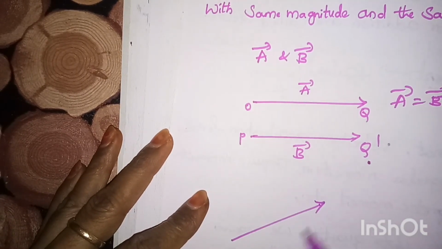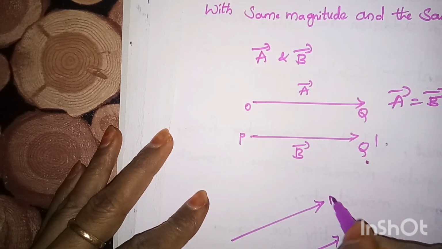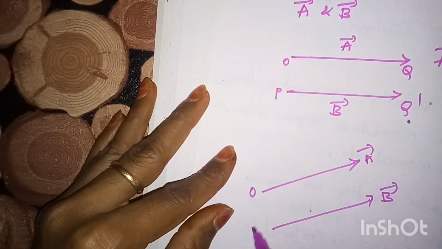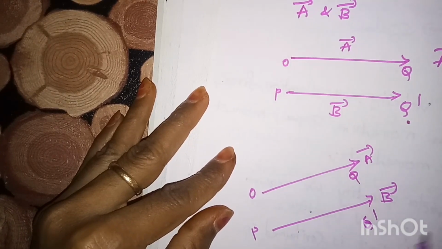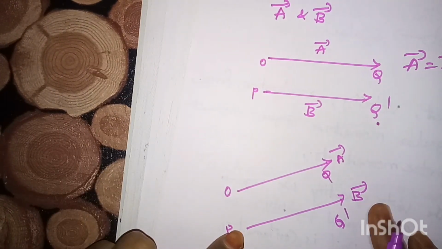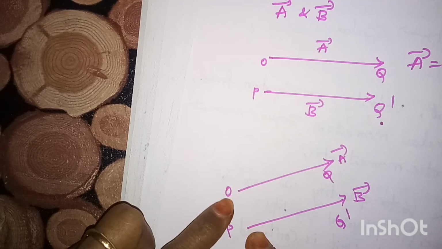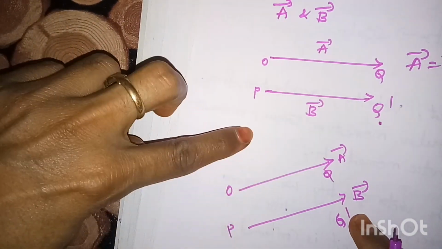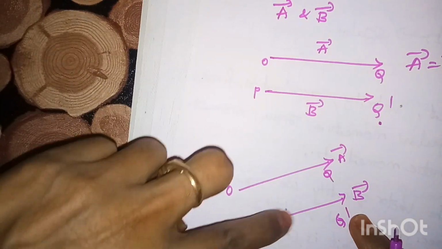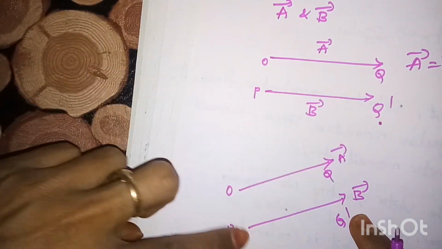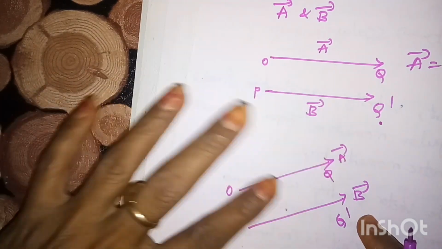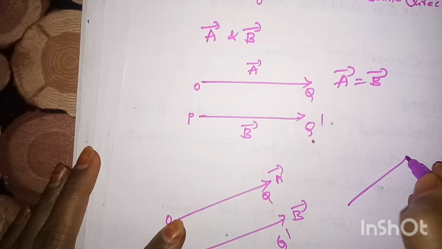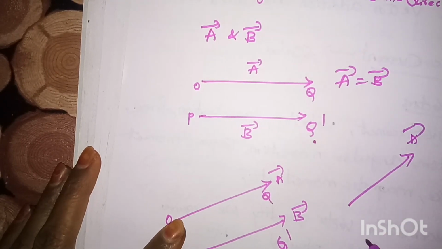For suppose this is the A vector and this is the B vector, considered as OP and OQ dash. If we move the tail of the B vector towards O and the tip of Q dash towards Q, they will coincide. They are parallel. When they coincide with their tips and tails, we call them equal vectors. For suppose this is the A vector and this is the B vector.